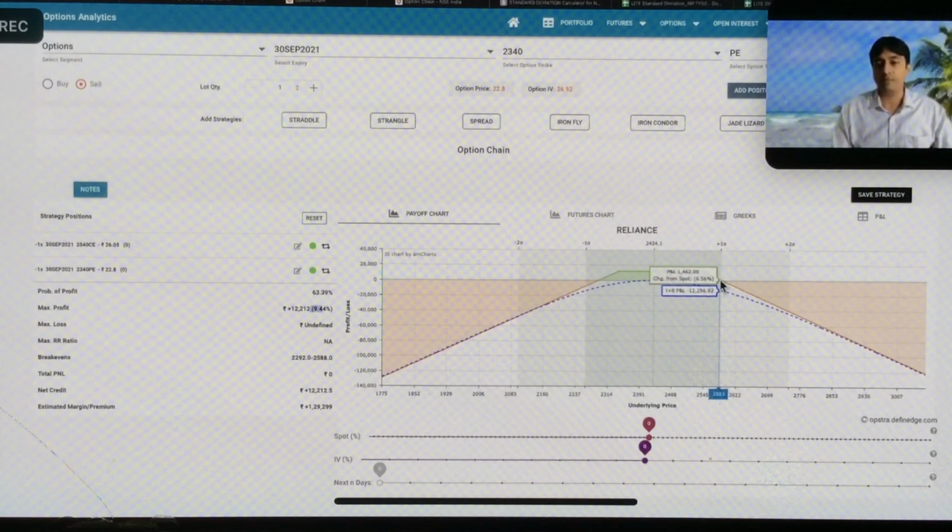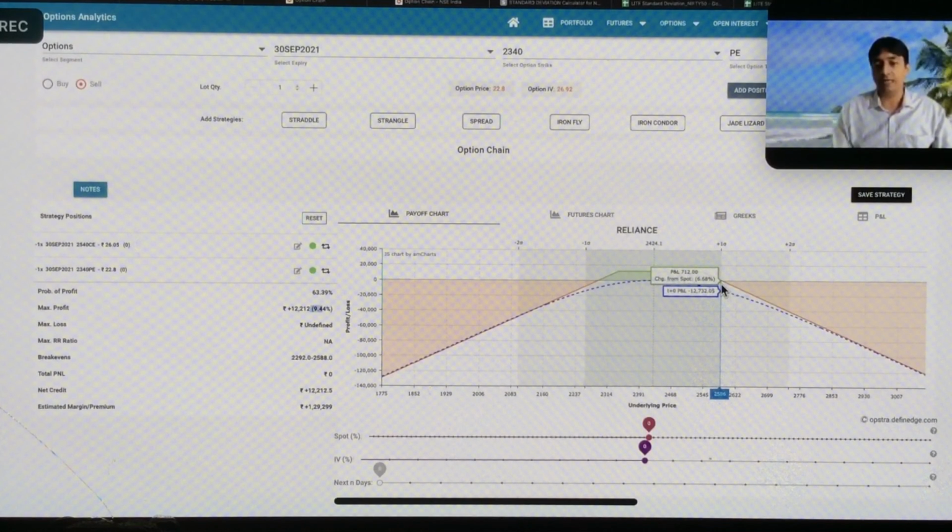Or if it goes above 2580, right? 2580, then on the expiry day, if it remains above this, you will start making the losses. But till it remains, so this range is almost how much? 2290 to 2580, so 300 points.